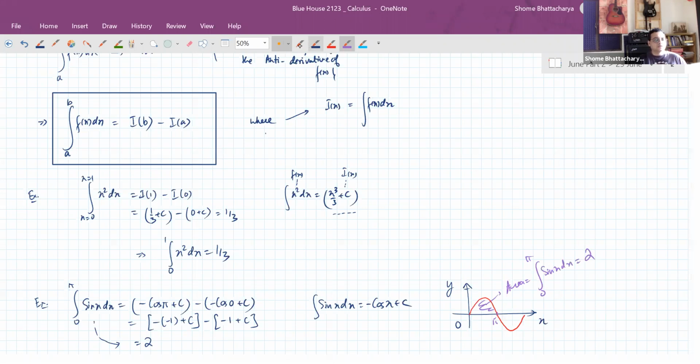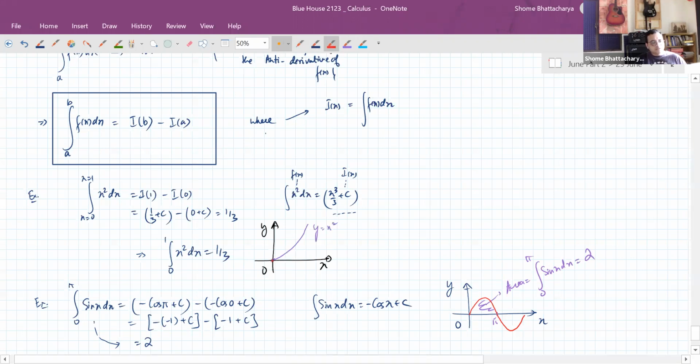This means that if you consider the graph of x square, the graph of y equals x square is something like this.